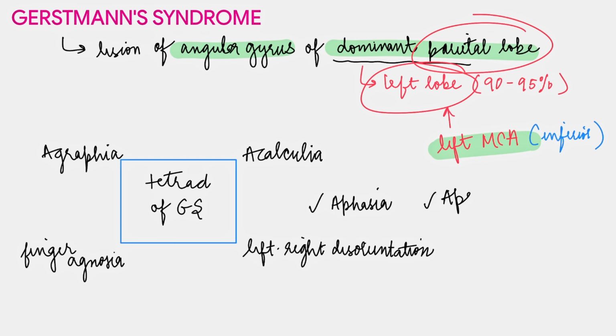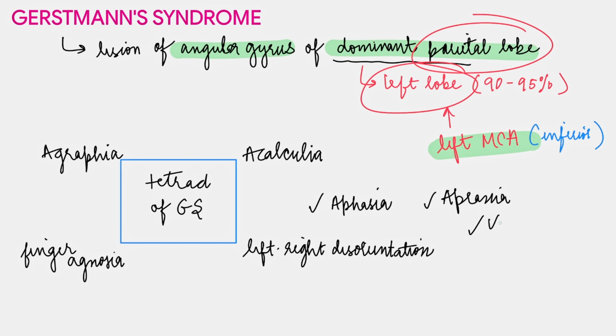Then there can be apraxia. Apraxia is the inability to perform a known motor skill, even though the patient is willing to do it, but he's just unable to do it. Now, why am I saying the patient is willing to do it? Because further on, we'll discuss something called abulia, in which a person just doesn't have the motivation to perform an action.